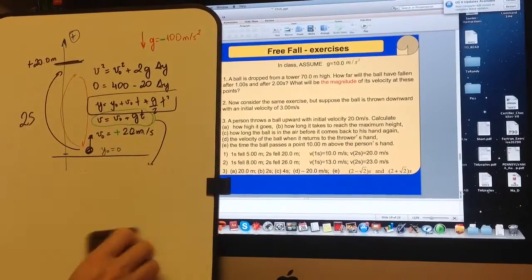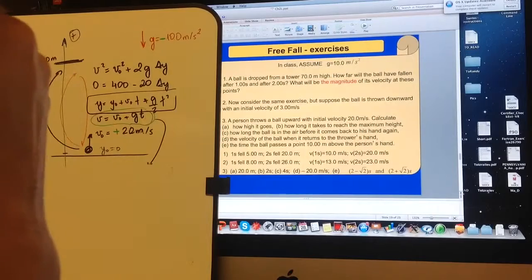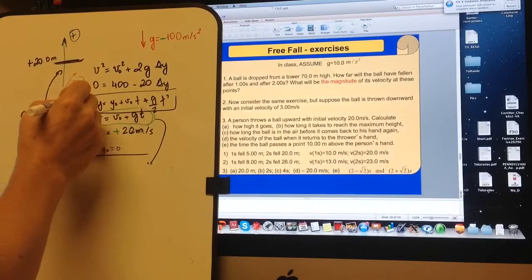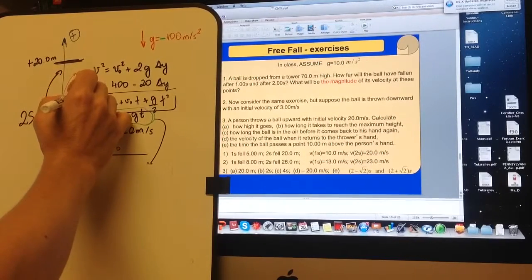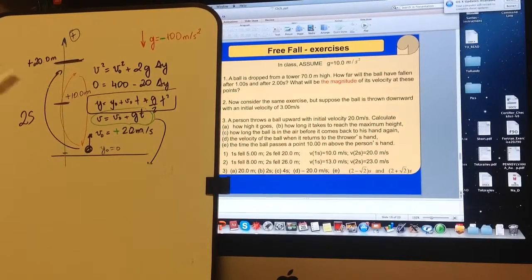The last question is, what is the time that the ball passes 10 meters above the person's hand? So we threw it from here. This initial position, we call it 0. And we want to know how long it takes to reach this position here, which is plus 10 meters above the initial.